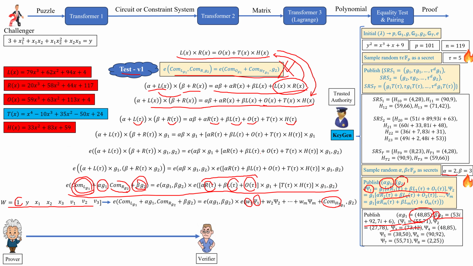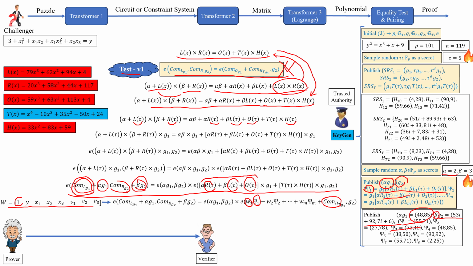You remember that at the verification side, when we discussed the naive protocol, we needed to multiply W by the L, R, O matrices, right? So now we multiply the element of the vector into the commit of the polynomials R, L, and O. To compute the commit values, the trusted authority generates these psi values.